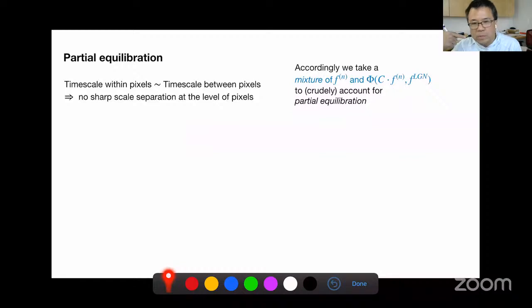And conceptually, you can think of this as allowing the pixels to partially equilibrate towards some kind of local equilibrium, but not all the way. Okay, so that's sort of how we think about this.